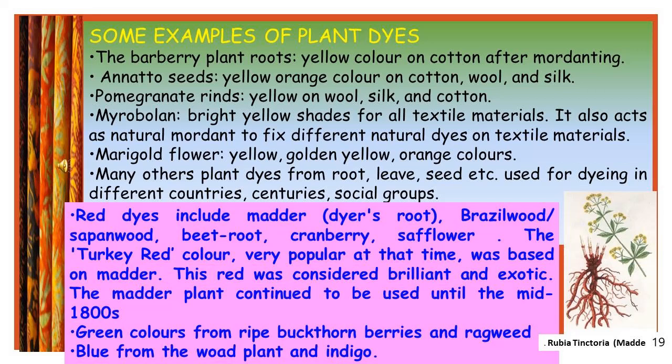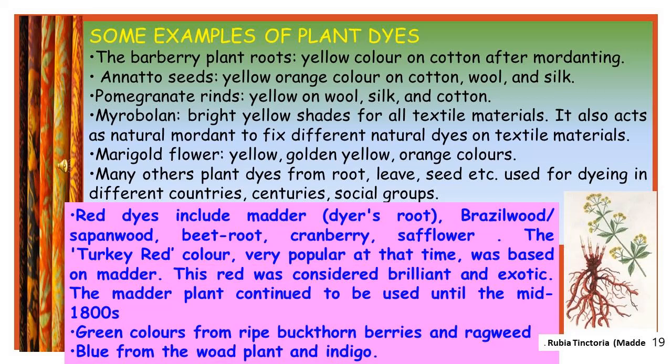Many other plant dyes from the root, leaves, seed, etc. are used for dyeing in different countries, centuries, and social groups. Red dyes include madder, that is dyer's root, brazil root, sapanwood, beetroot, cranberry, safflower. The turkey red color, very popular at that time, was based on madder.